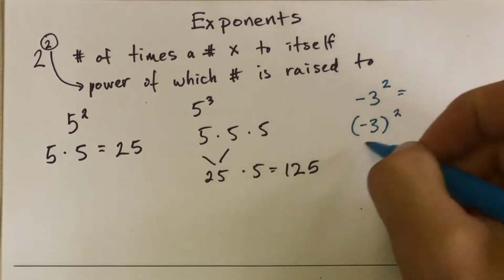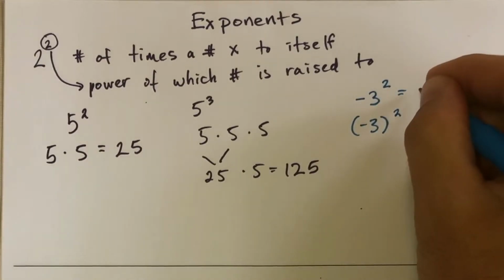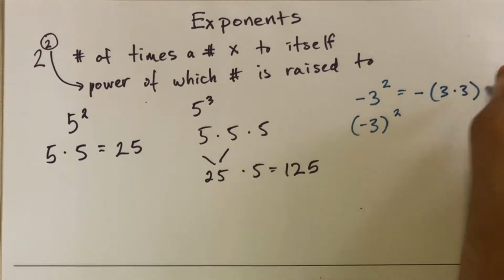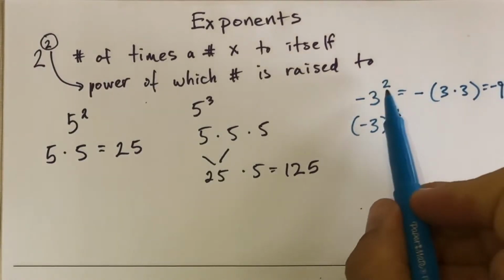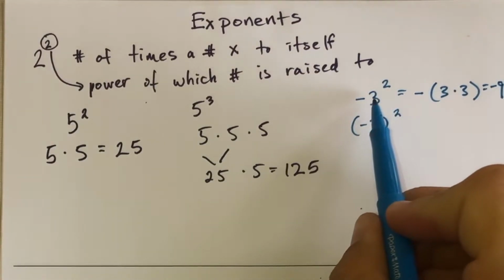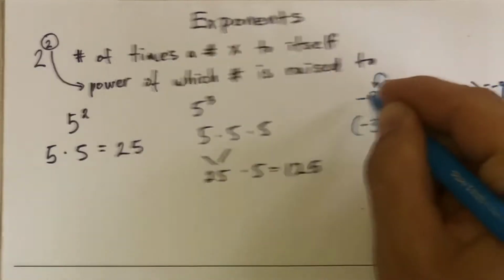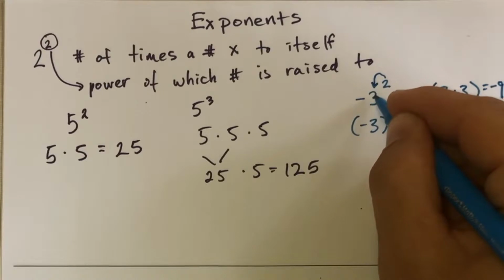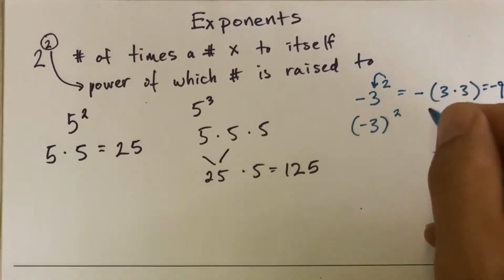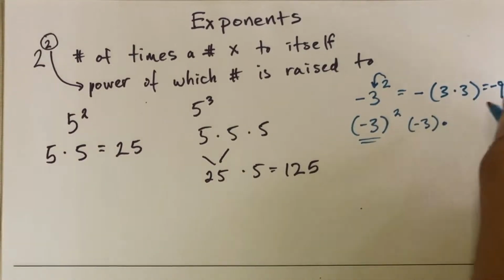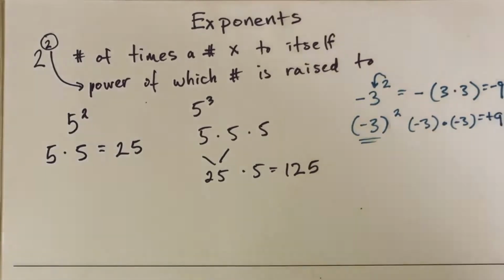When you're using exponents with negatives, -3 squared is saying just 3 times 3, or -9, because we are just raising the 3 to the power of 2, not the -3. This 2 is only applying to the 3 here, but when we put in parentheses, we are saying that we are doing -3 times -3 altogether and get a positive 9.